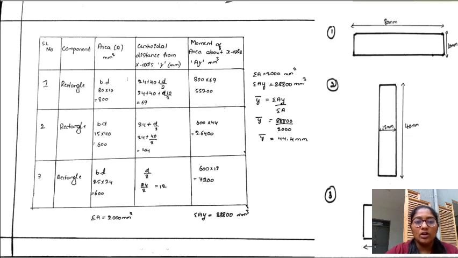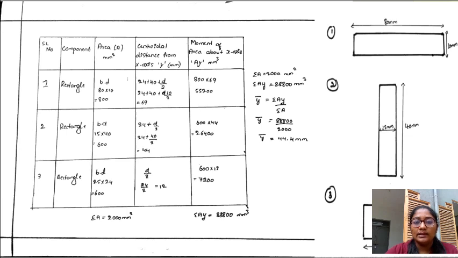You all know the area of the rectangle is breadth into depth, and here they have given breadth 80 and depth 10. Let us multiply and we get 800. The centroid distance from x-axis y is d by 2 is the formula, and here I have added 24 plus 40. If the given figure is not lying on the x-axis, then we need to add the 40 and 24, the figures touching the x-axis, and divide it by 2.